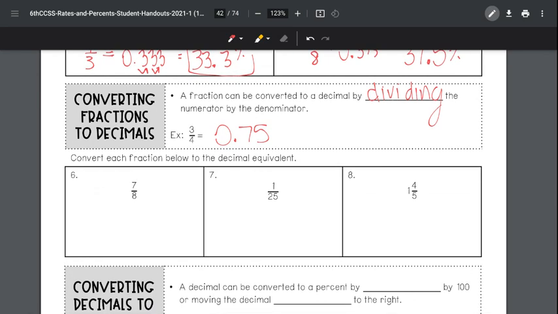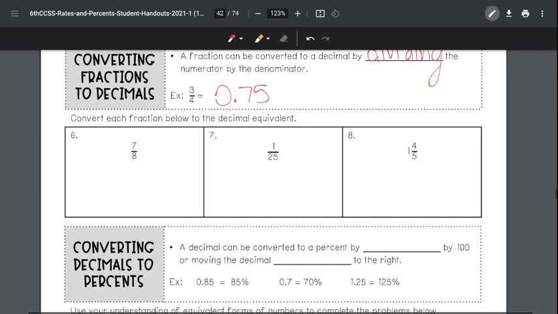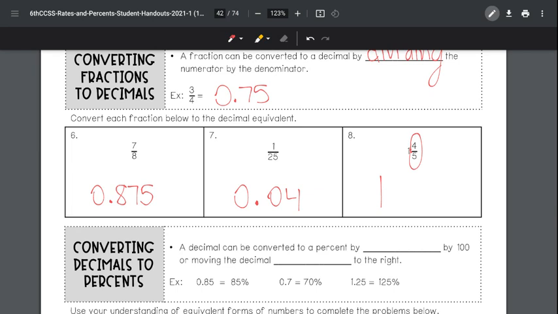Convert each fraction below to the decimal equivalent. 7 divided by 8 equals 0.875. 1 divided by 25 equals, in your calculator, 0.04. 1 4/5, or 1's going to stay the same, and you're just going to do 4 divided by 5. 4 divided by 5 gives you 0.8.